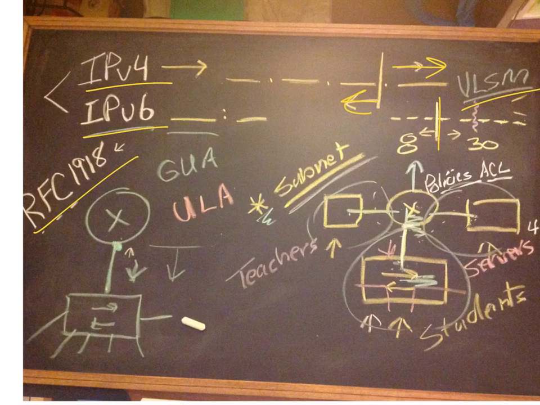Request for Comments 1918, that's the private addresses, which is really different in IPv6. We talked about the global addresses, and then unique local addressing. These are like private addresses in IPv4, but they're not exactly the same. We looked at some more examples of those as we move on through.